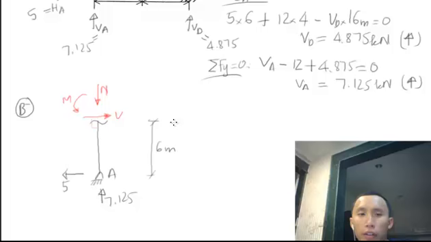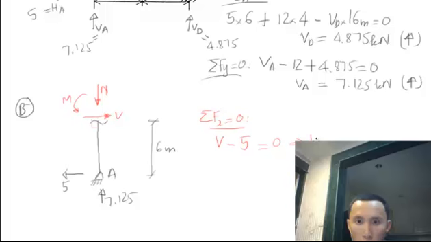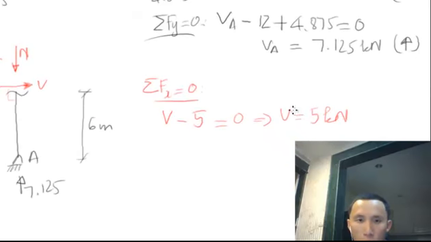I will do sigma Fx first, because this one and this one are in x and the only unknown is V, so we can easily get V. Sigma Fx equal to 0: we have V to the right, so positive V and negative 5 equal to 0. Therefore V equals 5 kilonewton, and it's positive, so our assumption is correct, to the right.